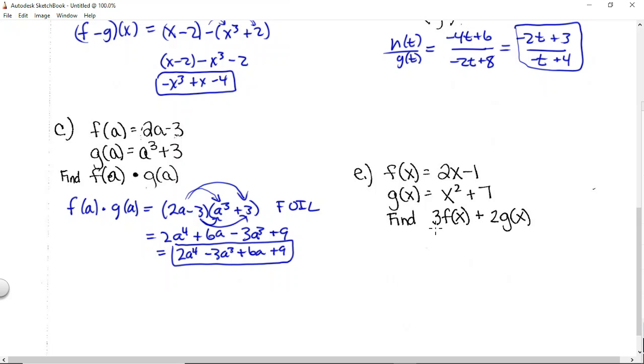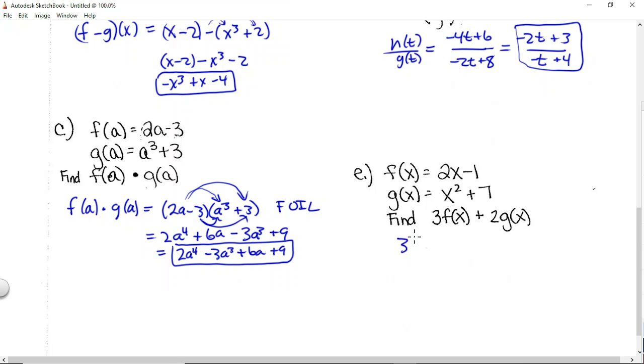That is, first we're multiplying each by a constant. So this says 3f of x plus 2g of x. And we're multiplying by that 3, right? And then we're multiplying g by the 2, and then we add them together. Okay, so what we do with that is just what it looks like.